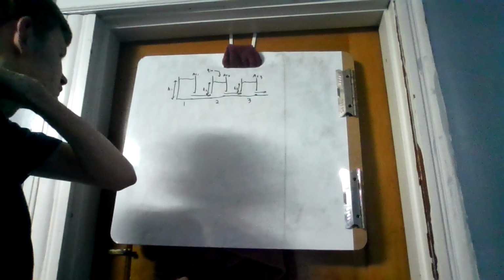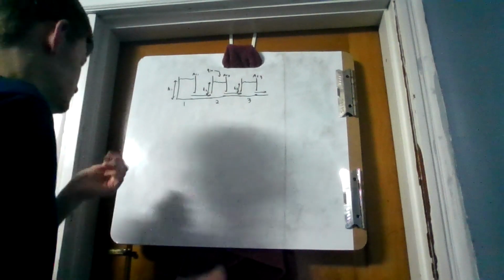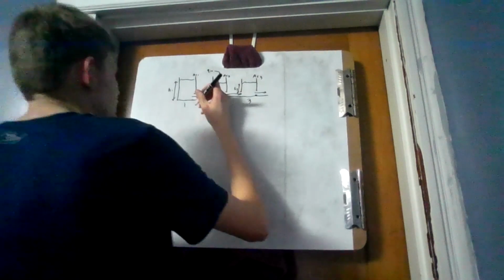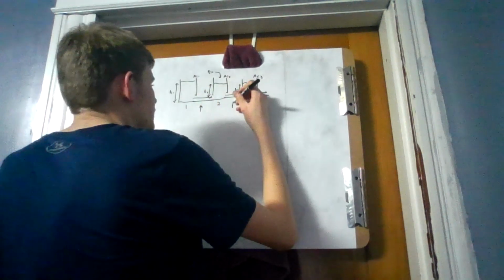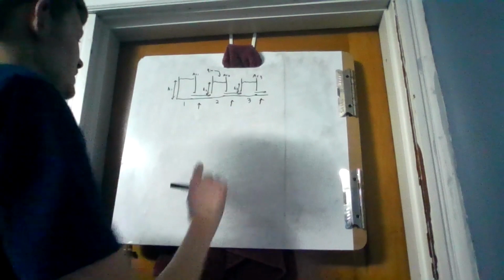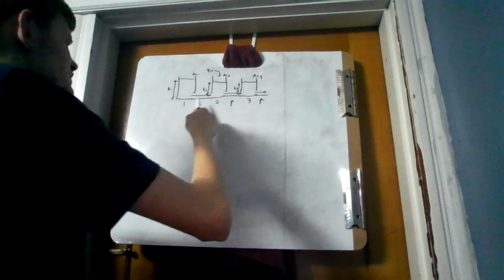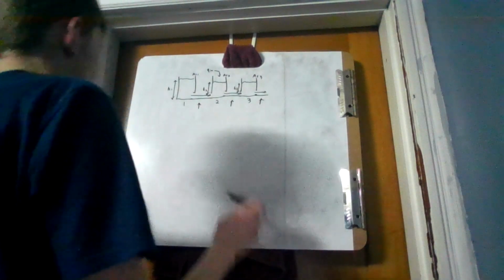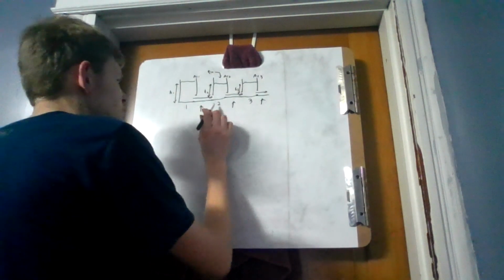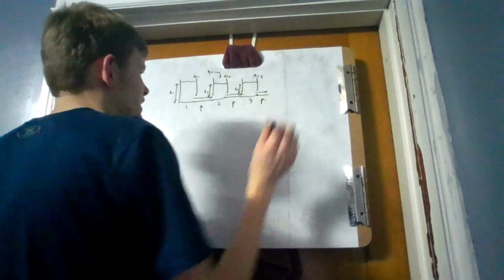So what do we want to do from here? As you notice, we have three rates going in and out of these tanks: a rate going from 1 to 2, from 2 to 3, and then 3 going out.